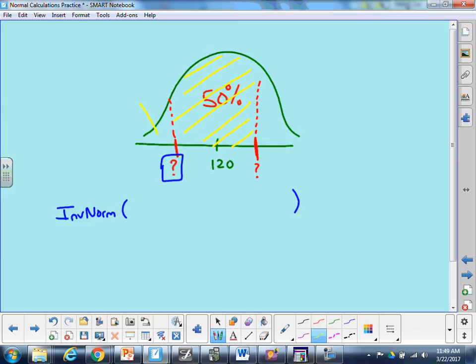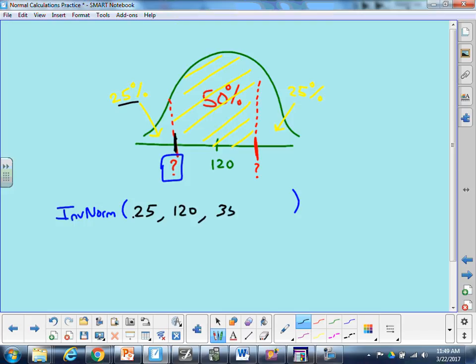So the remaining 50% is evenly split up between those two outer regions, or those tails are what they're called. So each one of those would have to be 25% to keep everything symmetric on both sides and add up to 100. So the area to the left of this point is 25%, okay, again as a decimal.